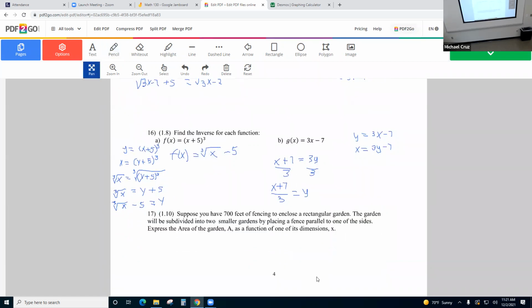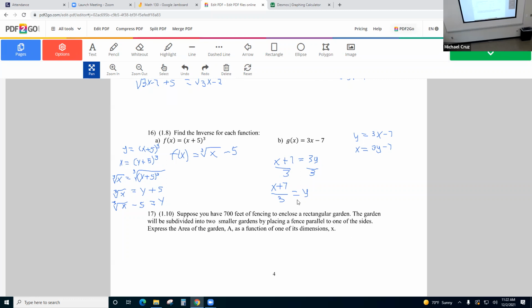Oh no, I need to think about a word problem right now, but it's a rectangle, so we just got to remember that we're going to be dealing with a formula. You have 700 feet of fencing to enclose a rectangular garden. The garden will be divided into 2 smaller gardens by placing a fence parallel to one of the sides.